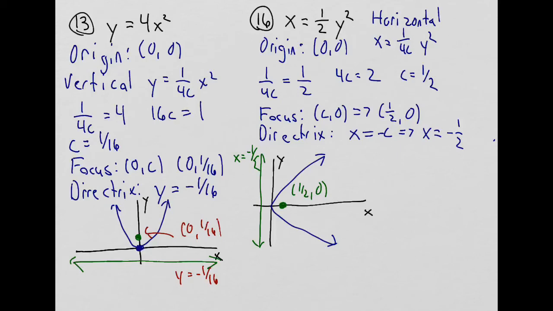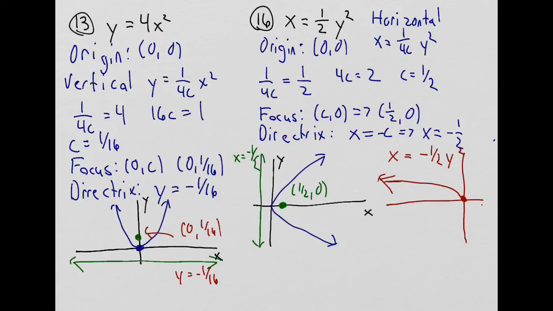Now, hypothetically, let's say that this equation was instead x is equal to negative 1/2 y squared. Well, what would change? Basically, it would just be a mere opposite. If I'm drawing this other one, I'll do a very quick sketch. We're going to be opening to the left, still at the origin.